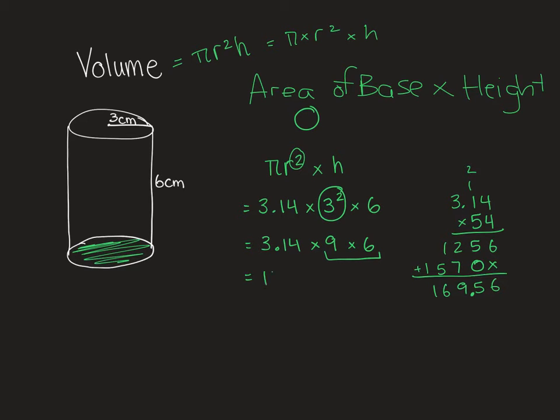So it is 169.56 centimeters. And what do I put after centimeters if this is volume? Cubed, which is the same thing as a little 3, an exponent of 3.